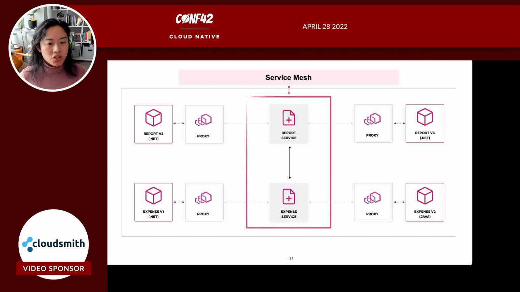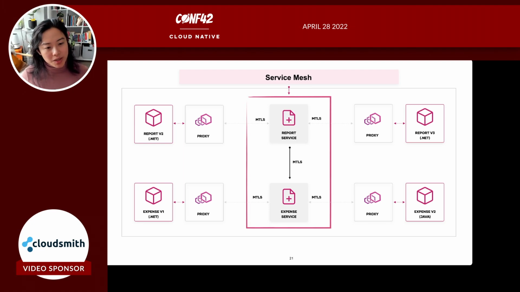In the case of service mesh, mTLS is a little bit different. mTLS happens between each of the proxies. So proxy from V1 to V3, V1 to V1, V2, V3 across all of these services are all mTLS, so they're all encrypted. However, they're not encrypted between the proxy and report, for example report V3. Each proxy that is running as a sidecar with the report or expense instance is not going to have any mTLS.